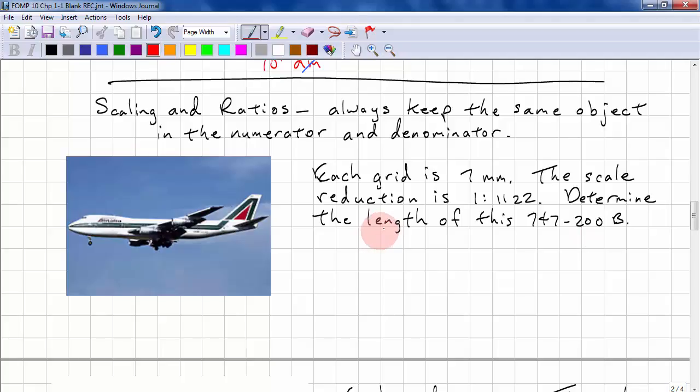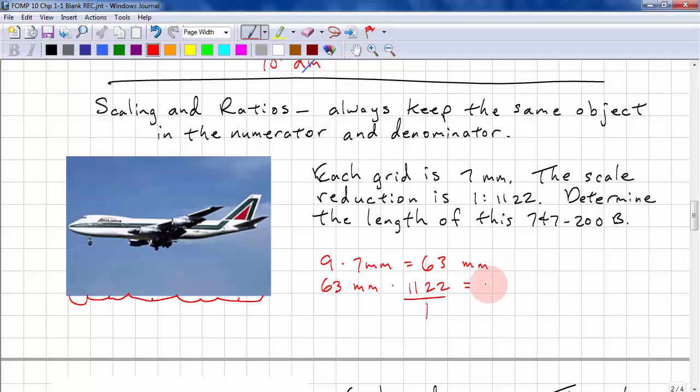So we count the number of grid units. 1, 2, 3, 4, 5, 6, 7, 8, 9. So we have 9 times 7 millimeters. This equals 63 millimeters. Now we take the 63 millimeters and we reverse the scale reduction. So this is multiplied by 1122 over 1.